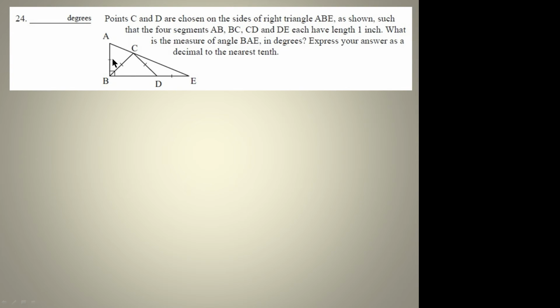So it's already marked here. They all have length 1. What is the measure of angle BAE? So we need this one here. Express your answer as a decimal to the nearest tenth.